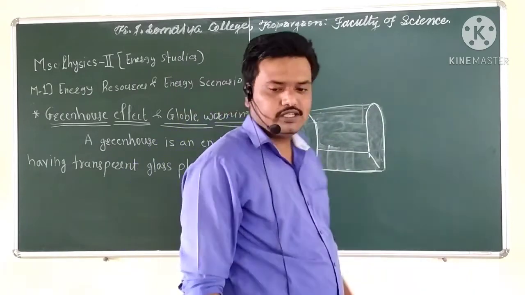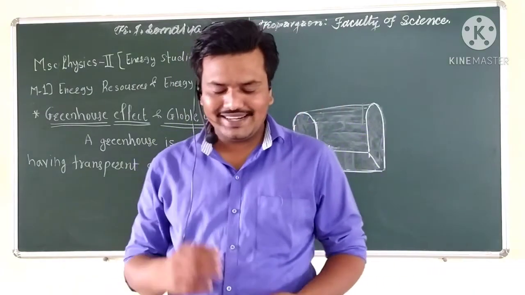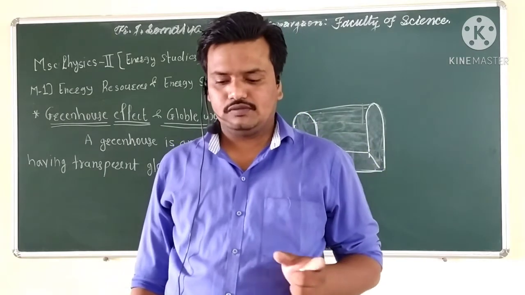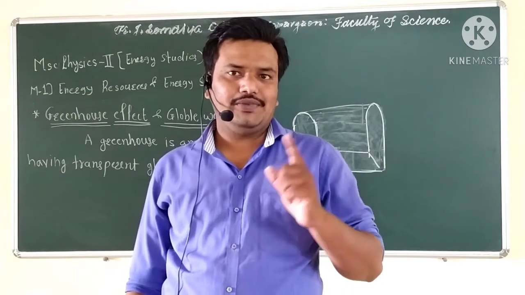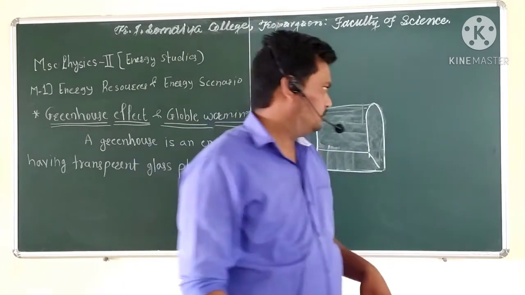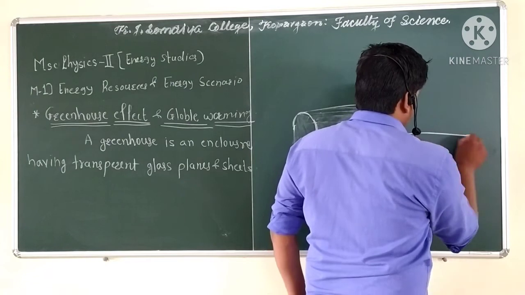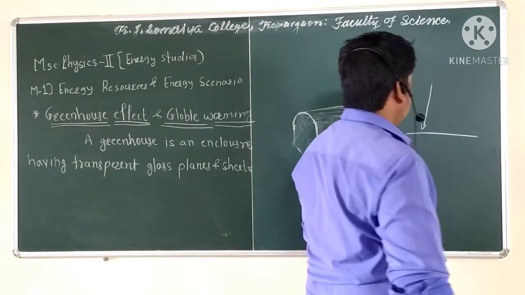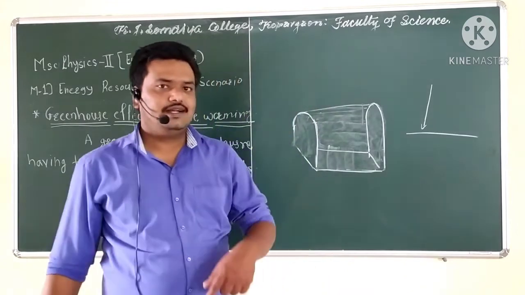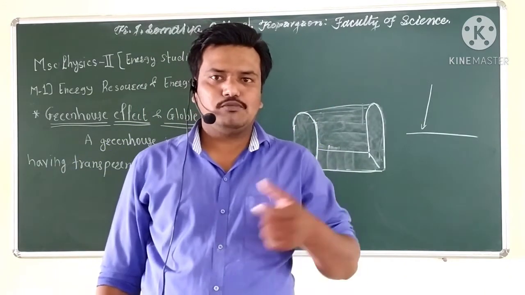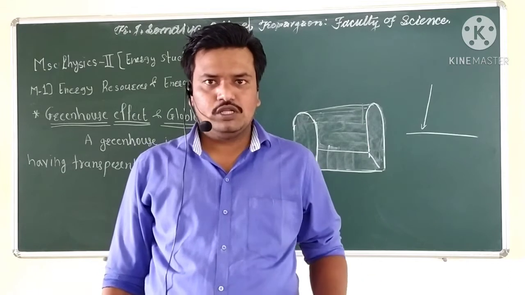Normally, visible radiation comes onto the earth's surface and is absorbed by it.